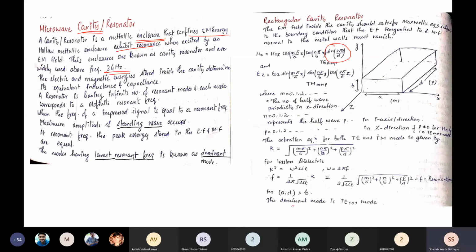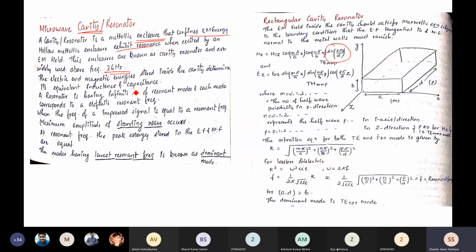Now the electric and magnetic energies stored inside the cavity determine its equivalent inductance and capacitance, and that gives you the resonance behavior.